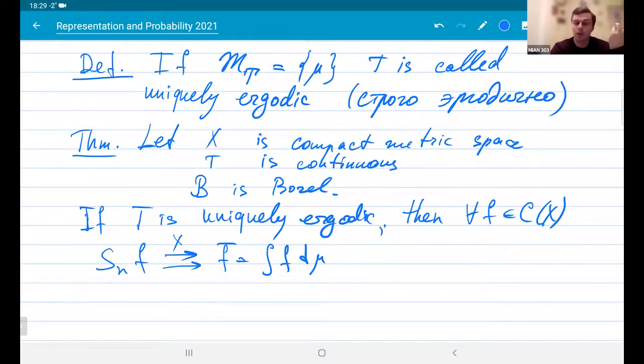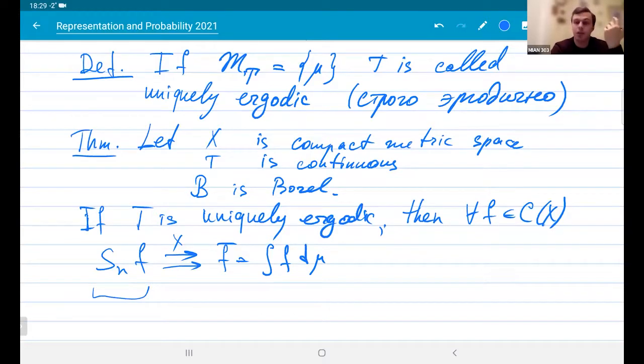Take any continuous function and consider any limit point of this thing. So you consider a subsequence along which you have some limit. Then you take another function and do the same, and so on.